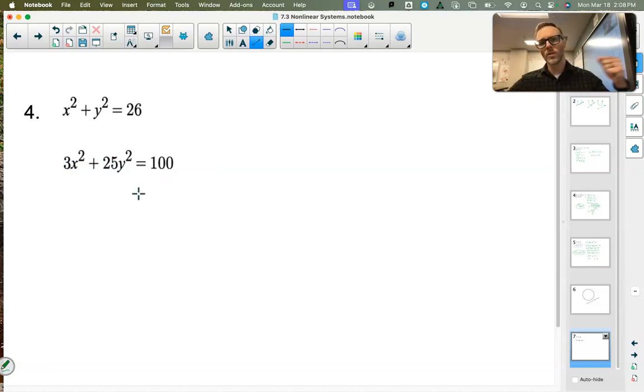Those are going to be horizontal stretches or compressions and vertical stretches or compressions. That's going to give me the shape of an ellipse. Now if both numbers were the same, that's a circle. That'd be like this one, 1x squared plus 1y squared equals 26. Or even if it was 2x squared plus 2y squared equals 26, dividing by 2 on both sides would just give me x squared plus y squared equals 13.